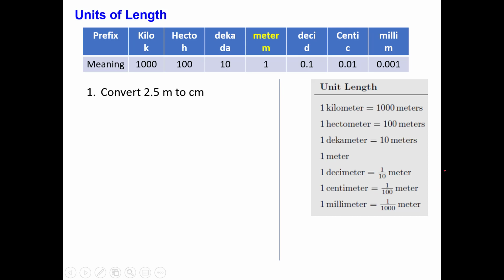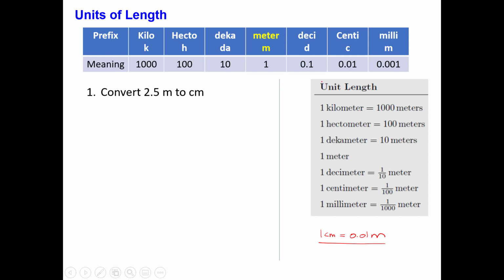And maybe it's easier for you if we write this one like 0.01. Let me write there. I will write here: 1 centimeter equals 1/100, which is 0.01 meter. And probably it will be easier for you if we use this notation.